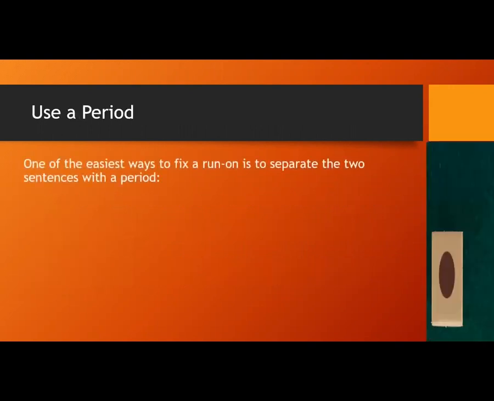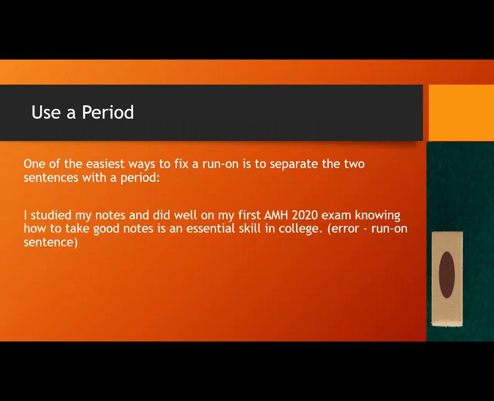Now, one of the easiest ways to fix a run-on is to separate the two independent clauses with a period. The following sentence is a run-on. I studied my notes and did well on my first AMH 2020 exam. Knowing how to take good notes is an essential skill in college.